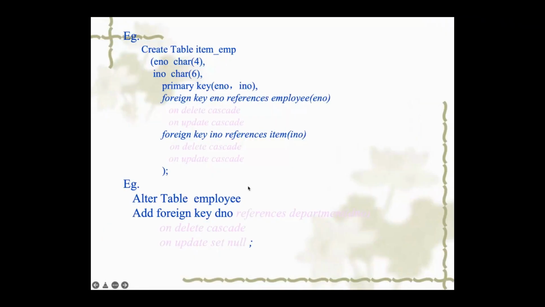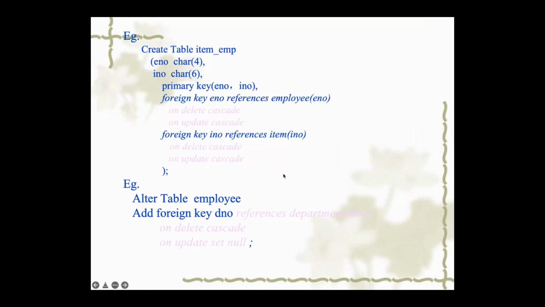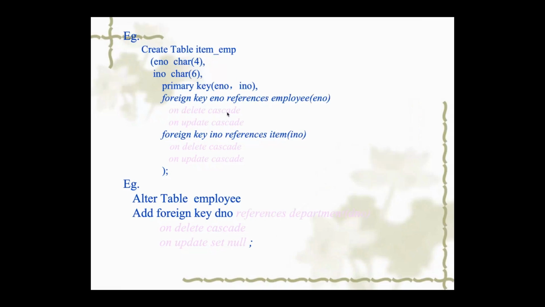And here I also give several examples. We can see the first one, we can add these two foreign keys to reference different tables. And we can write on delete cascade to make this option clear.